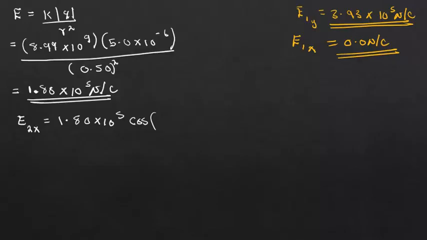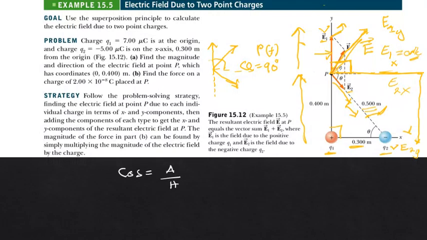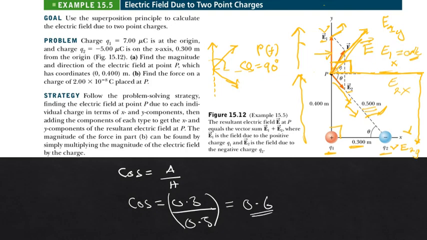So having noted that, this can also be written as cosine is equal to our adjacent 0.3 over our hypotenuse 0.5, and this is going to be 0.6. So we can use that.